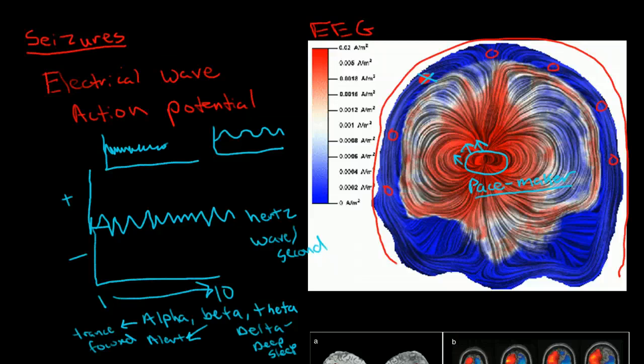This sets the background tone for the brain, and then the work that the brain is doing when you're thinking thoughts or seeing things or hearing things, there are extra action potentials, but they're relatively small compared to the background noise of the brain. Okay. So this is what you're measuring when you're measuring an EEG.